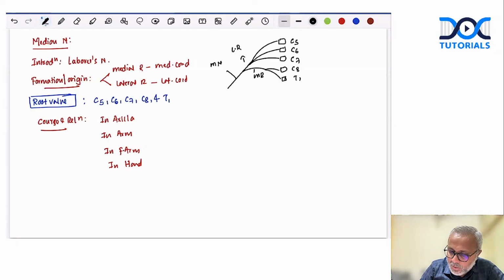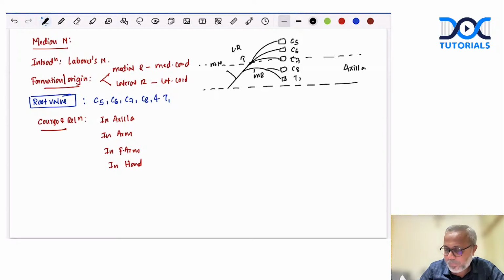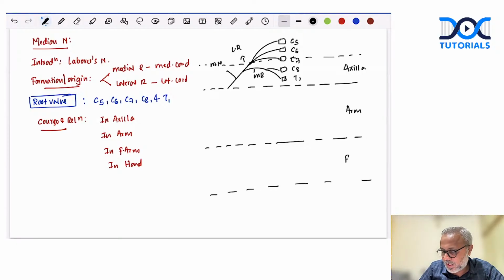So remember all of this, the formation of the medial root, and then the median nerve. This occurs in the axilla. Then the next part we have is the arm, the next part is the forearm, and the last part is the hand.